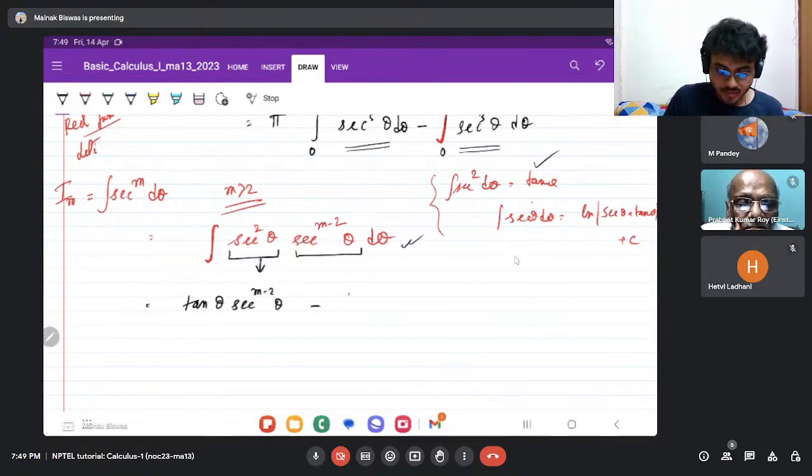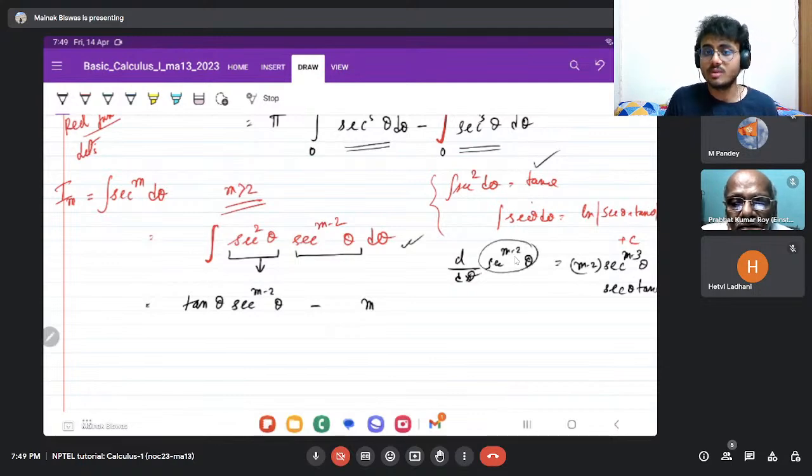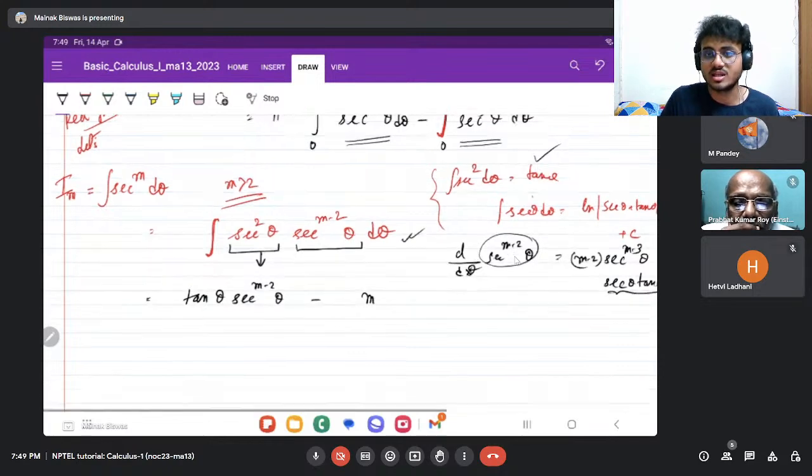Minus, as Hedvi told me, the differentiation of sec to the power m minus 2 theta is m minus 2 times sec to the power m minus 3 theta into sec theta tan theta. Agreed? I differentiated sec to the power n first as x to the power n, then I differentiated sec theta, which becomes sec theta tan theta.